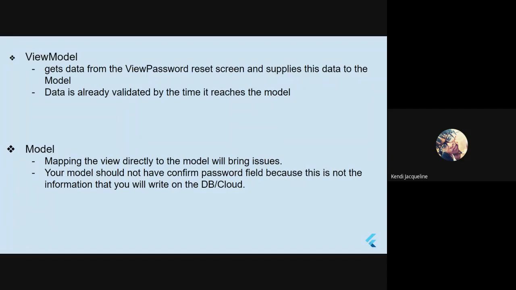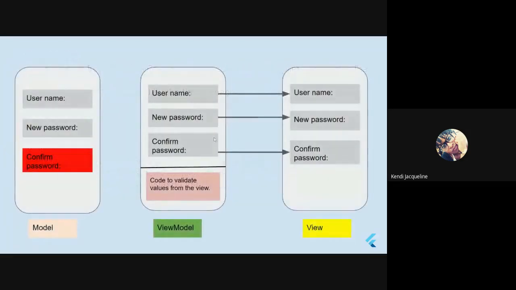Another example is here on the view model. Sometimes when you're keying in your new password and the confirm password, you might write the wrong confirm password. So it's the work of the view model to tell the UI that the passwords do not match, so that it can validate them before sending the data to the model.